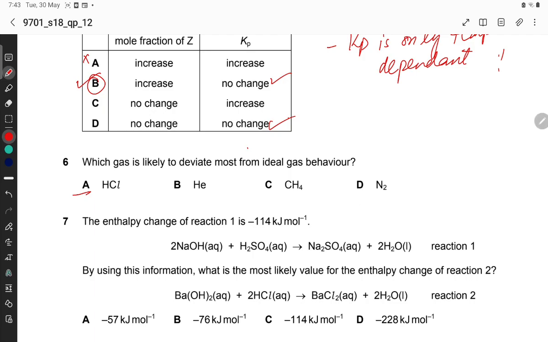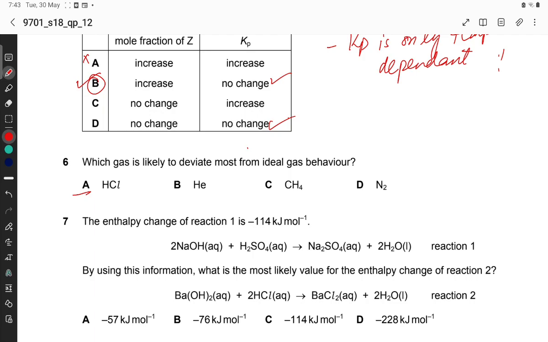Now the ideal gas is the one that has no intermolecular force of attraction or repulsion between its molecules, and in an ideal gas there is no loss of energy upon collision. Now the gas that would have intermolecular forces and loss of energy would be the one that is deviating from the ideal gas behavior.